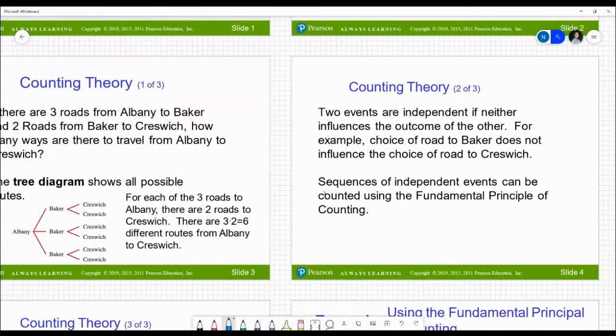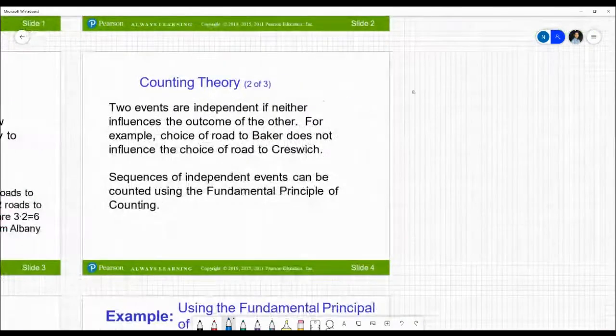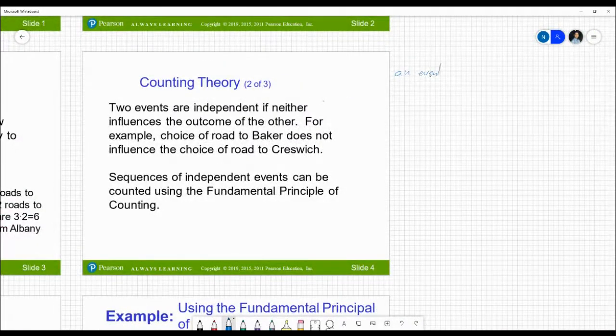Now, this is only applicable if your events are independent. First, let's talk about what independent events mean, and we'll look at some more vocabulary as well, because you may not understand what an event is. An event is basically something that occurred. Let me give you a simple example first. An example of an event is flipping a coin.